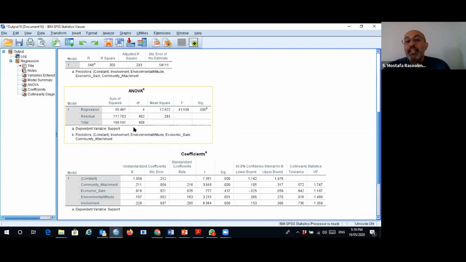This ANOVA table and this F value and significance only show that when this p-value is significant, when the result of ANOVA is significant, it means there is at least one significant relationship between IV and DV.